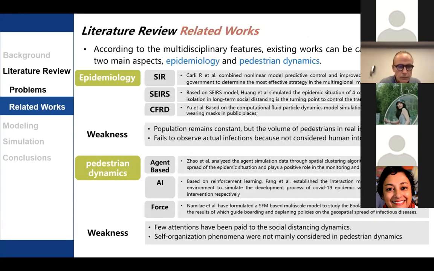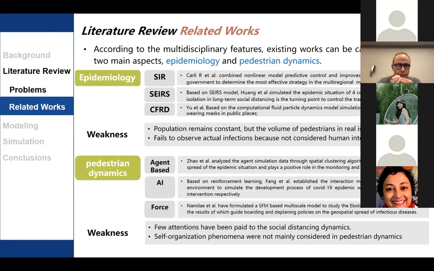The investigation on the mechanism of how COVID-19 transmits among people is a complex issue that covers different research areas. Existing works can be categorized into 2 main aspects: epidemiology and pedestrian dynamics. A large number of researchers have carried out extensive research in these 2 fields.